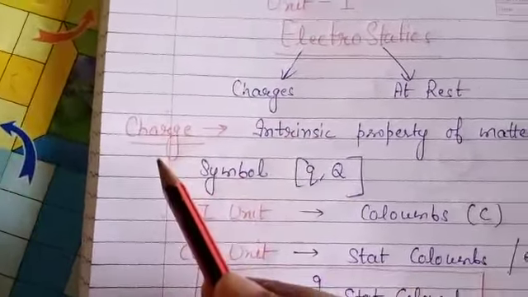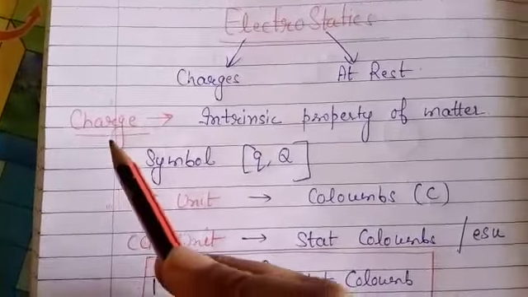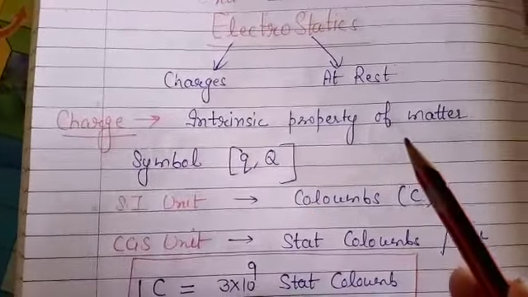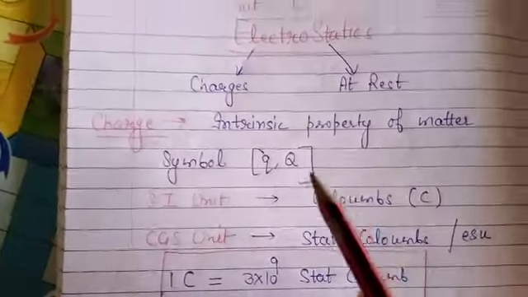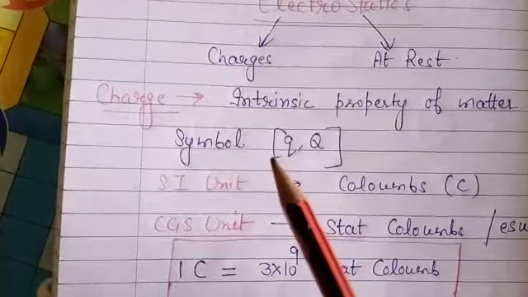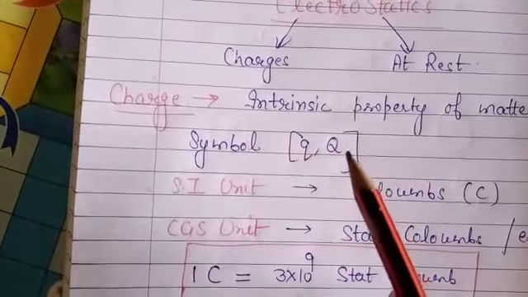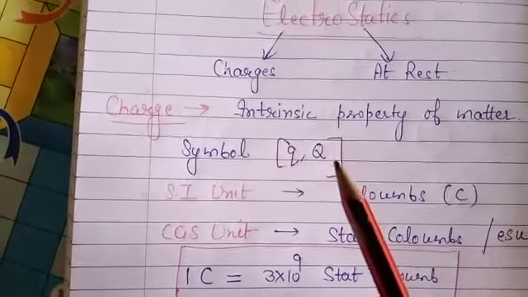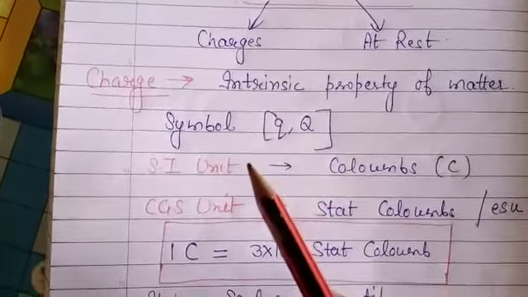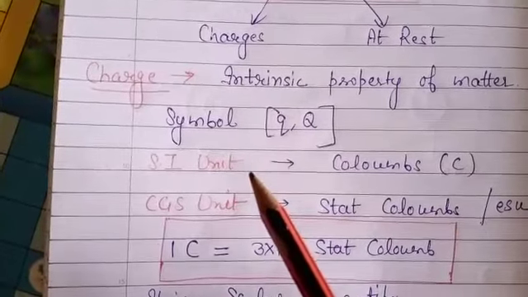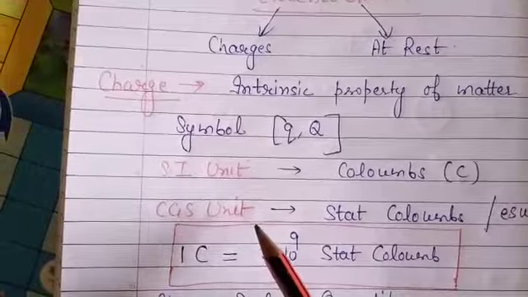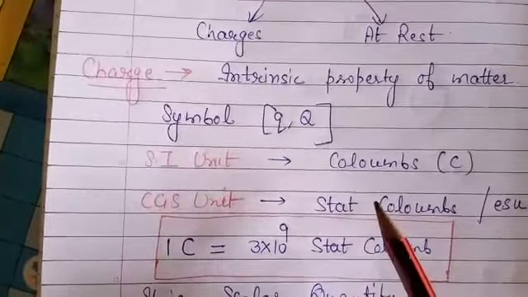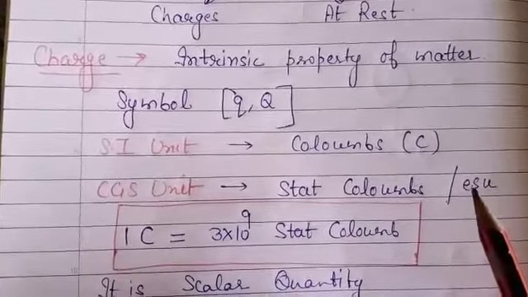What is charge? Charge is actually an intrinsic property of matter and it can be denoted either by small q or by capital Q. Let us talk about its units. It has two types of units. First is the SI unit, that is the coulomb, and the CGS unit, that is the stat coulomb, or we can say ESU.